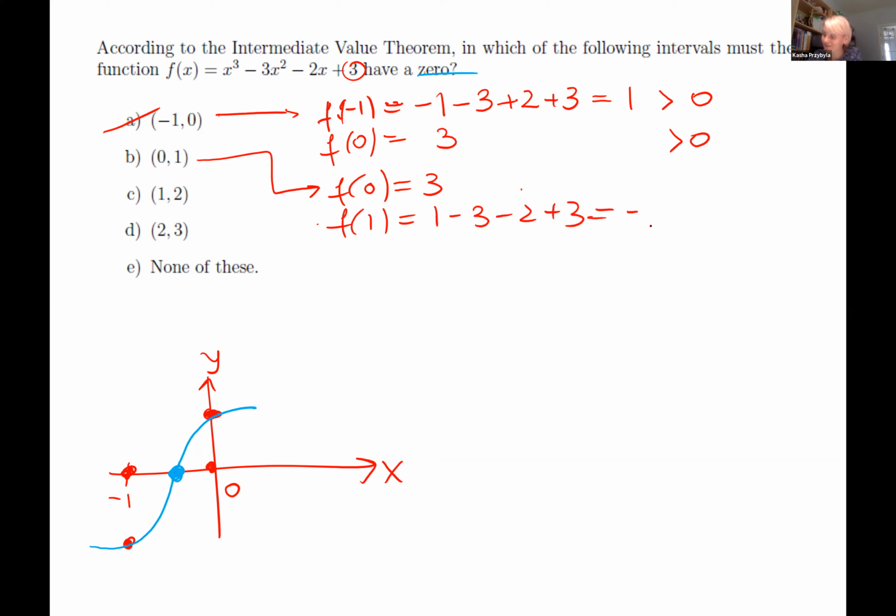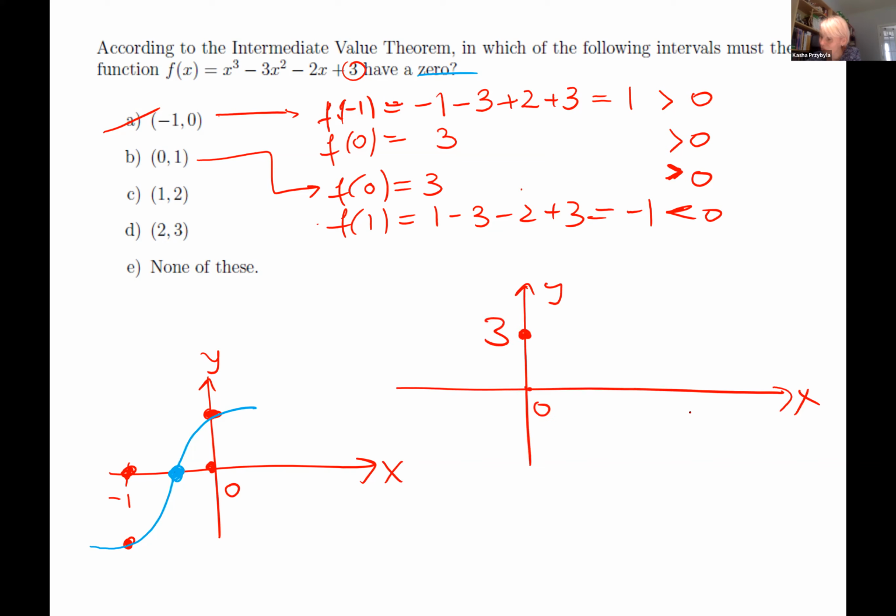Wow, great. That means this number is 3, it's positive, and this one is negative. I can draw this situation. Value at 0, it's 3, and value at 1, it's -1. My scale is off, but I just want to show you.